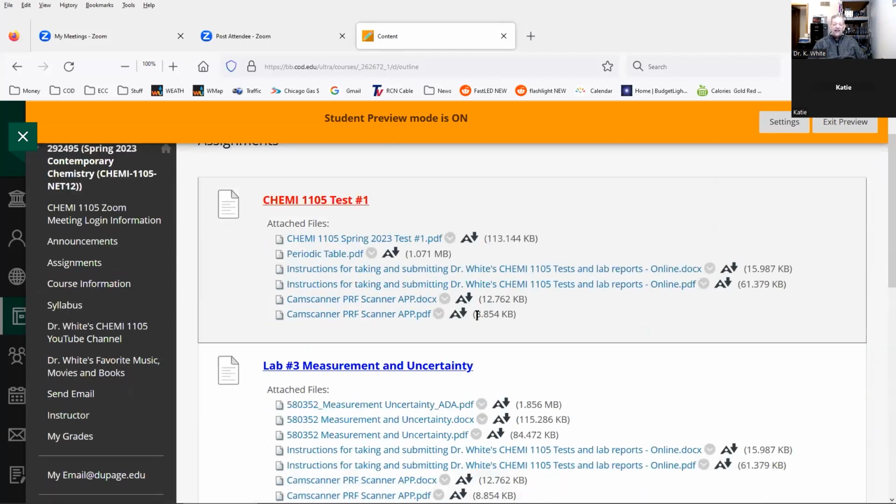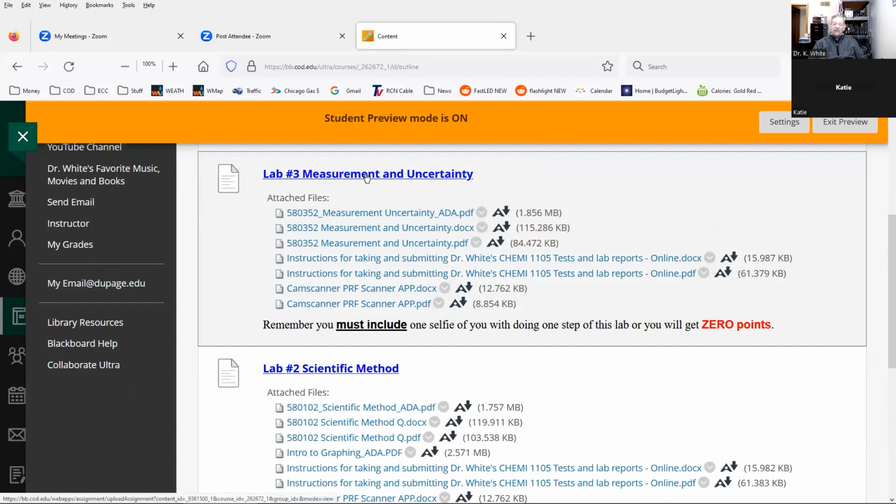Now, today's lab is measurement and uncertainty. And notice I have the ADA file, they call it, and then your lab report as a Word doc or a PDF file. And I always put in the instructions for how to upload it. All right, let's look at this PDF file about today's lab.